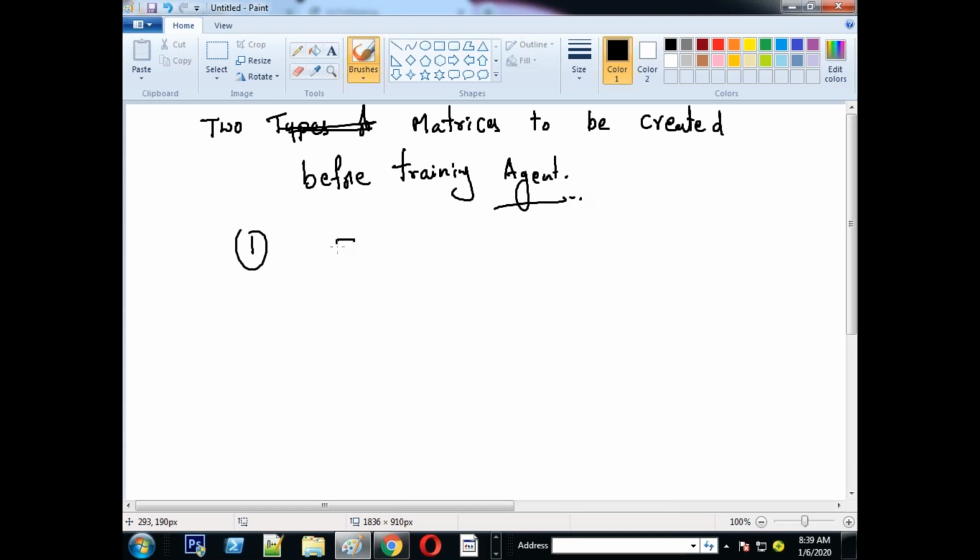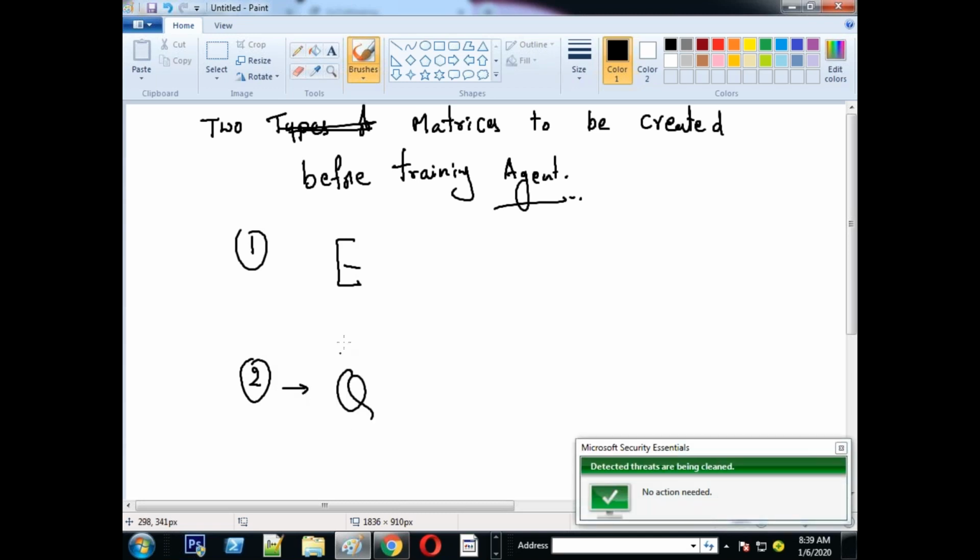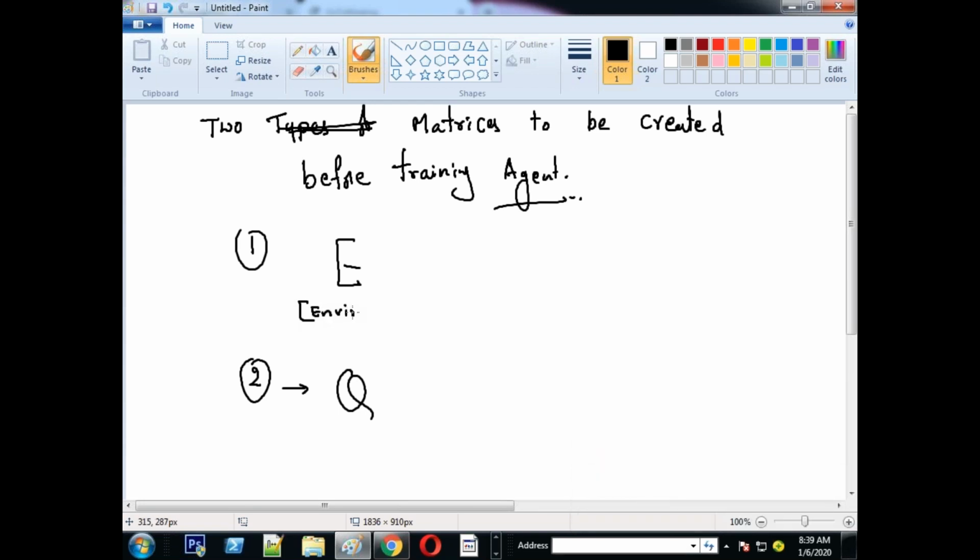Number 1, E. Number 2, Q. E for environment, Q for knowledge. The same thing from a reinforcement learning point of view, this knowledge is called intelligence.